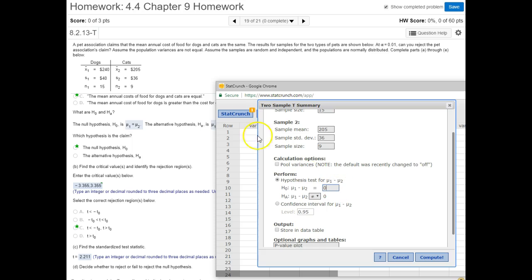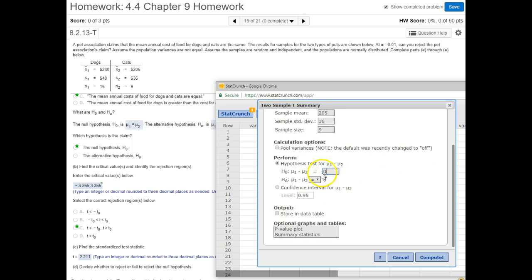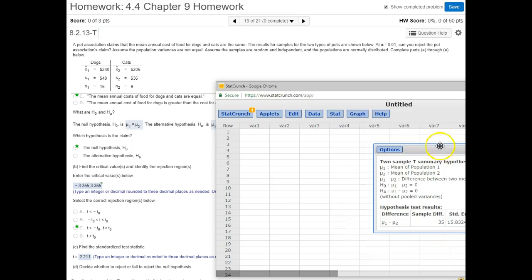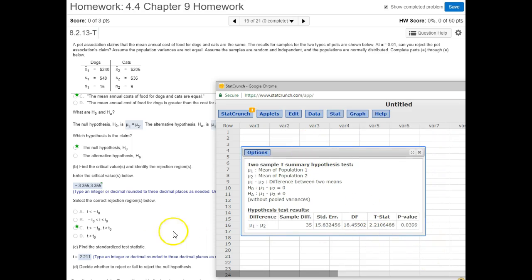Almost any type of test like this, you always have 0 on this side. I don't think I've ever really seen an example where there's been anything but 0 for this specific hypothesis test. Okay, so that's it. We're ready to compute. And we have this chart here. As you can see, we have the T-stat here, rounded to 3 decimals.